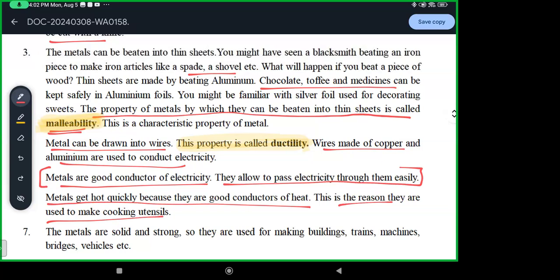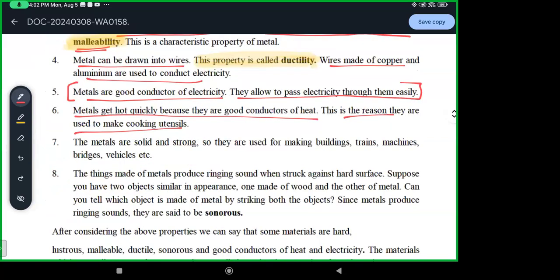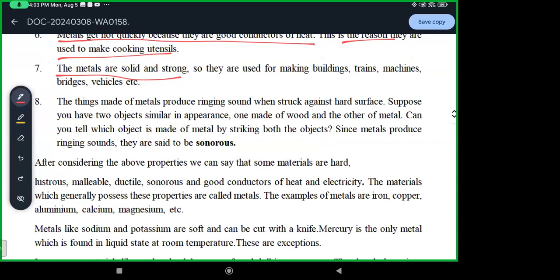Metals are solid and strong, so they are used for making buildings, trains, machines, fridges, vehicles, etc. The things made of metals produce a ringing sound when struck against a hard surface.